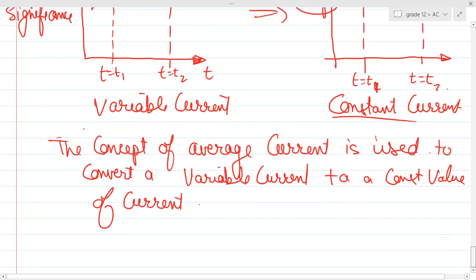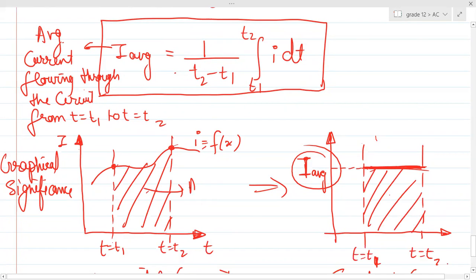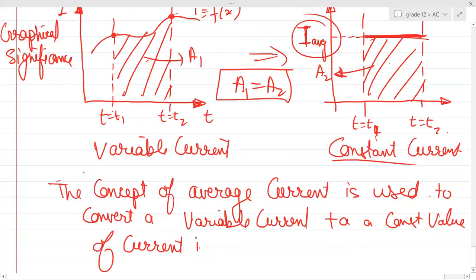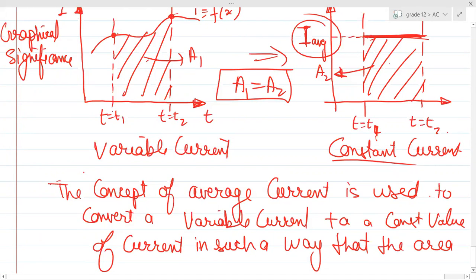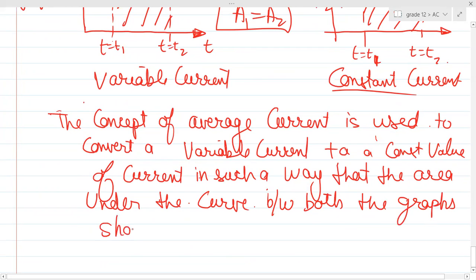Very important point in this particular thing. When you do this from here to here, the area under the curve, if I say this is A1 and this is A2, the areas in between the same time interval T1 and T2 should be such that the constant value of current has an area under the curve equal to the original, between both the graphs, for the same time interval.